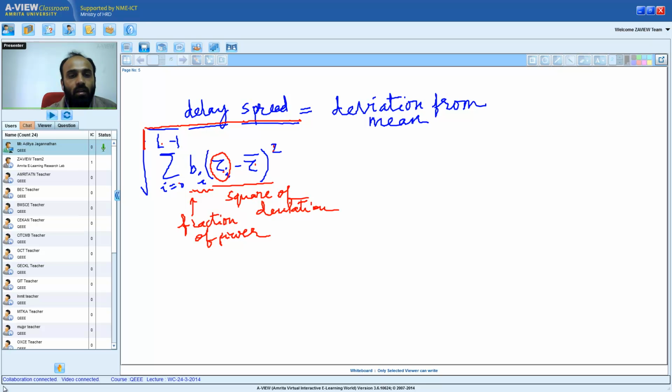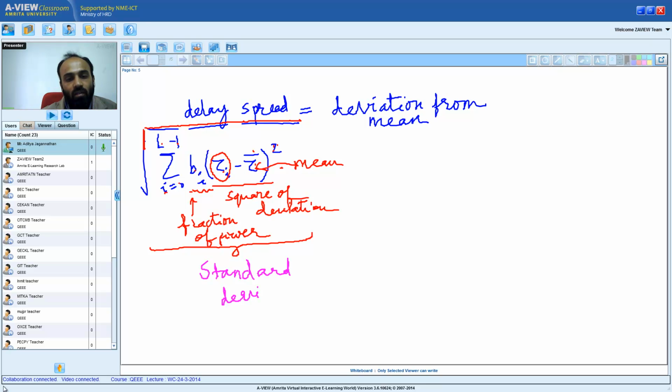This is the value minus the mean, whole squared, multiplied by the probability or fraction, summation i equal to 0 to L minus 1, under the square root. I hope everyone is familiar with the definition of standard deviation. This is the standard deviation with respect to the mean delay.